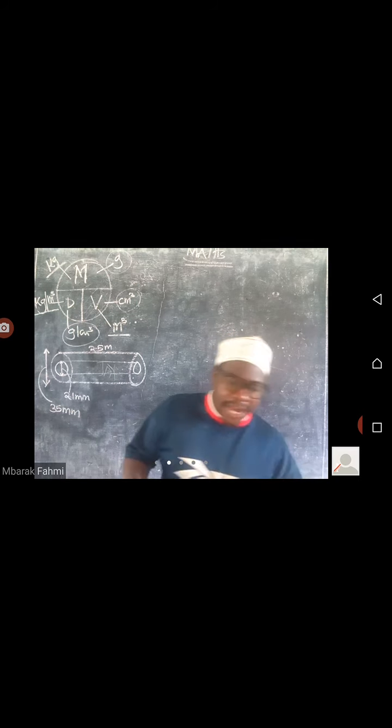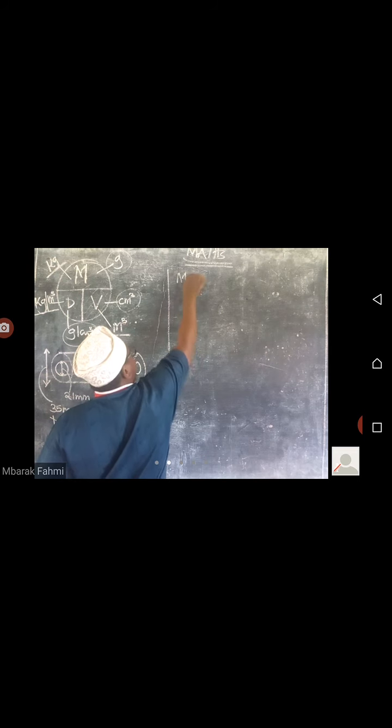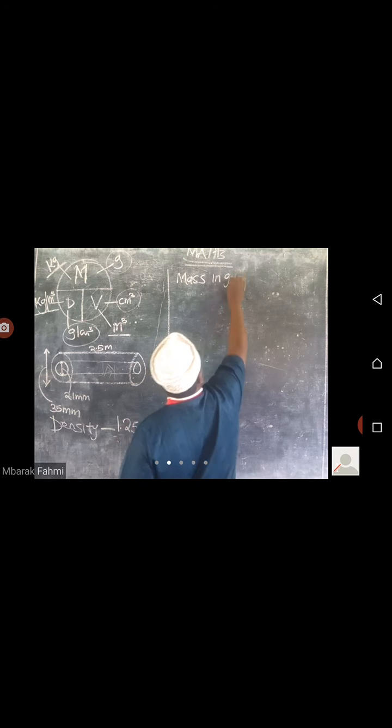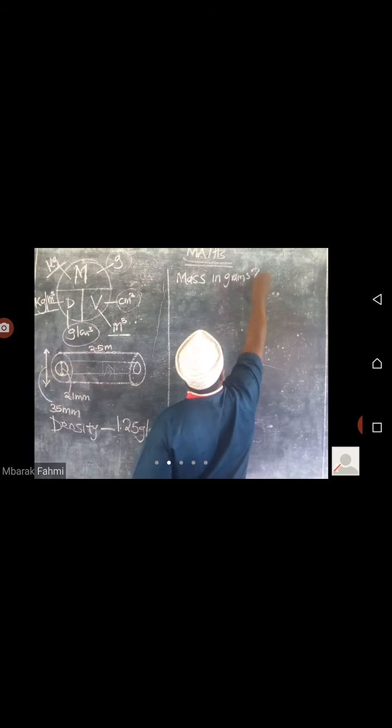The density of the material that makes the pipe is given as 1.25 grams per cubic centimeter. The question is: calculate the mass of the pipe in grams.